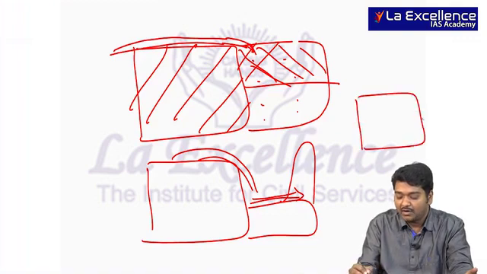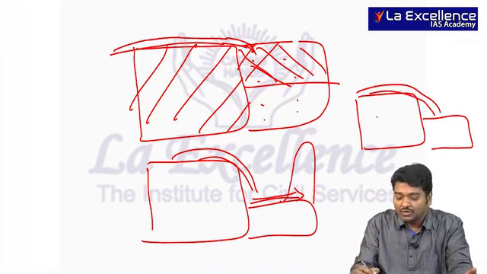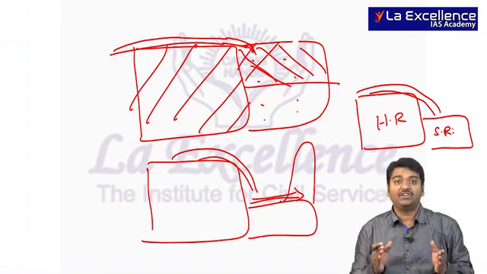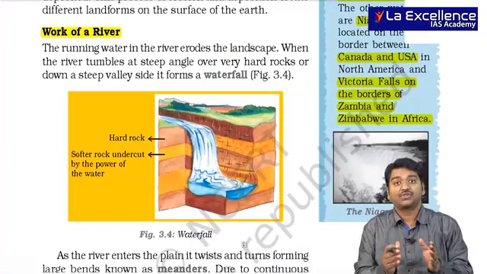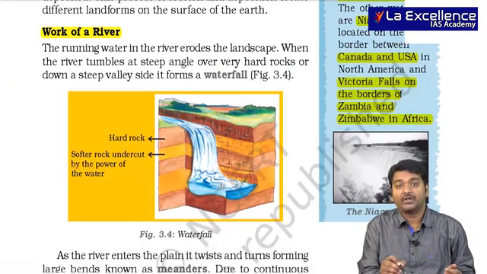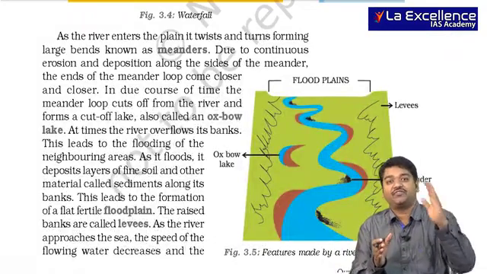You have a hard rock and a soft rock. When it falls down, you can see waterfalls. So, erosion by river actually leads to waterfalls, is what we need to understand. So, here you can see hard rock and soft rock and water falling from above. This is an example of an erosional feature.